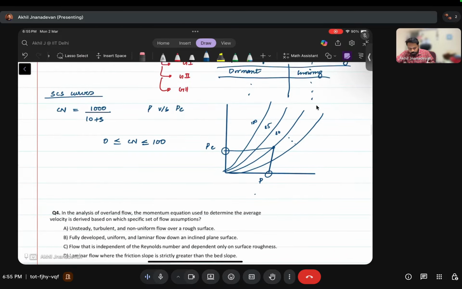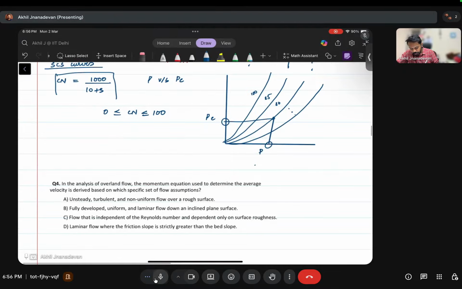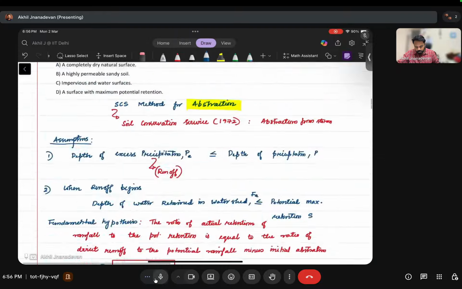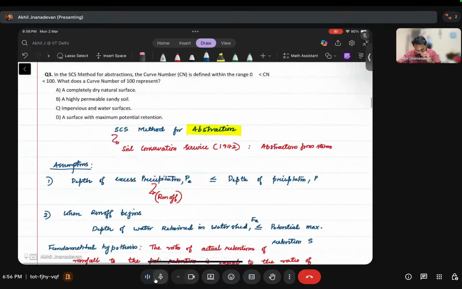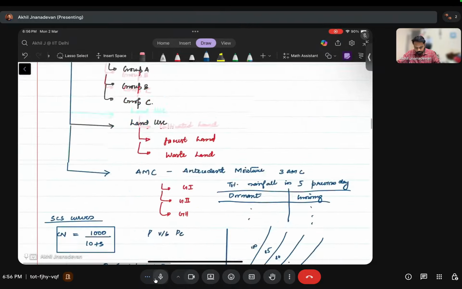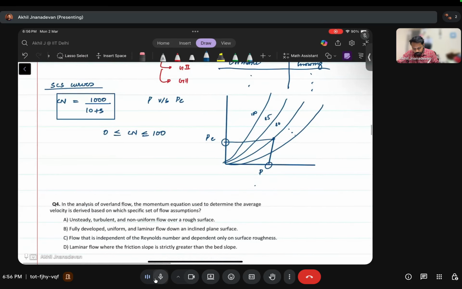So that is the question they asked: when the CN is equal to 100, for each curve number this particular relation holds, and the question is, for curve number equal to 100, what does it represent? So the curve number is equal to 100 when the specific retention is equal to 0, right?